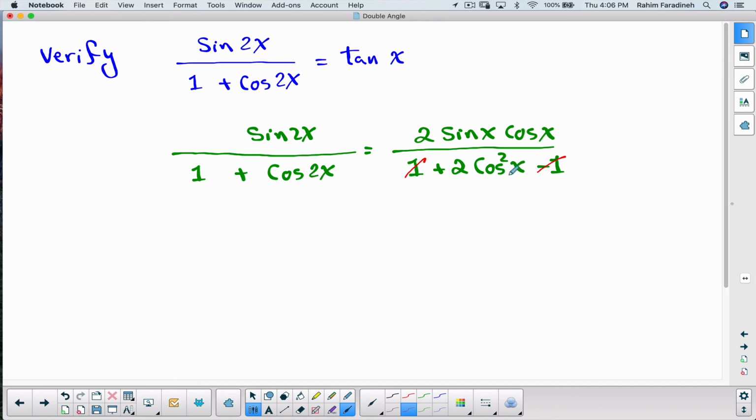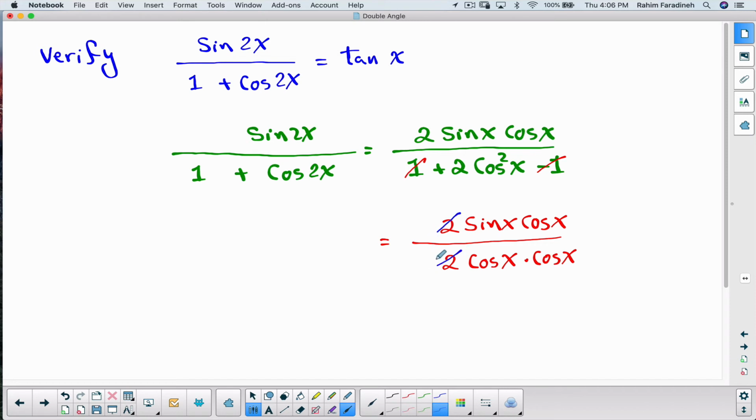We can simplify the 1 and minus 1. Keep everything organized. Instead of cosine square, I'm just going to write cosine of x times another cosine of x.